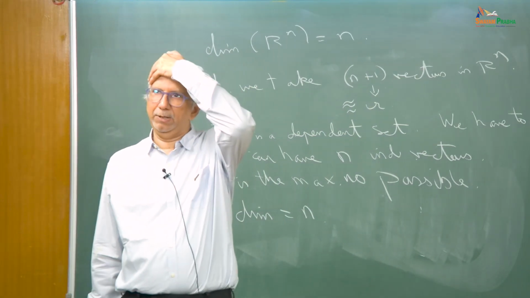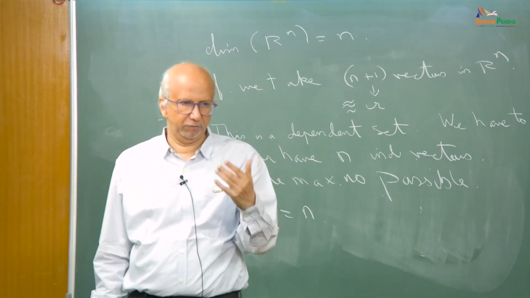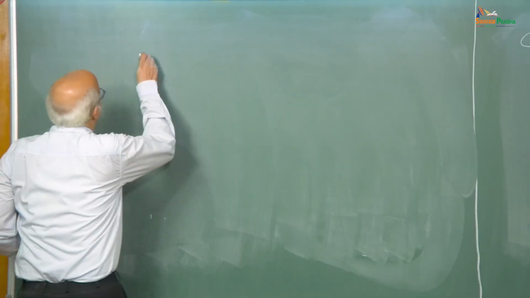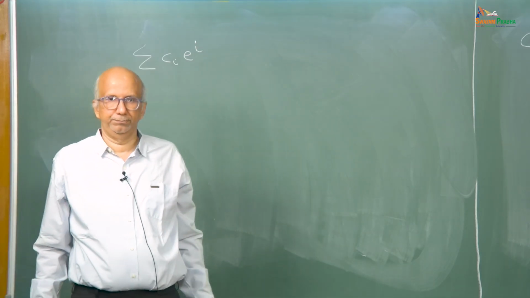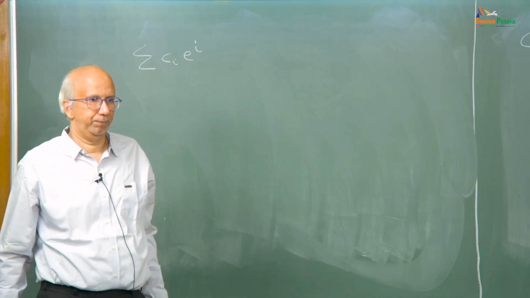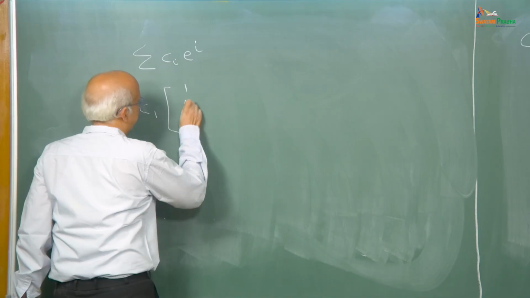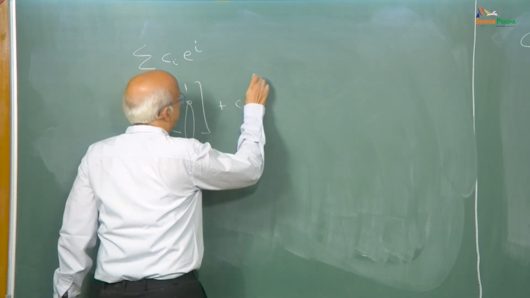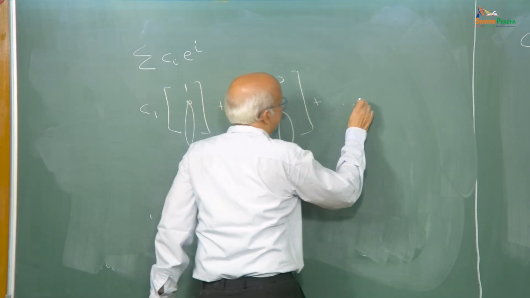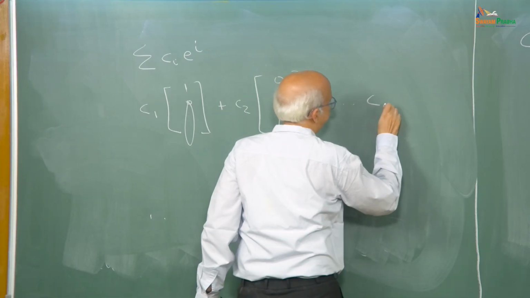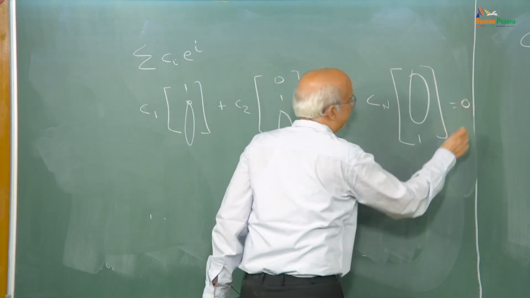So, if I want to show I have n independent vectors, what I have done is I have just chosen these vectors which are easy for you to visualize. Now, if I look at sigma Ci Ei, what is this? C1 multiplied by 1 0 0, everything else is 0, plus C2 multiplied by 0 1, everything else is 0, plus etc., Cn, everything else 0 except the last one is 1, equal to 0.